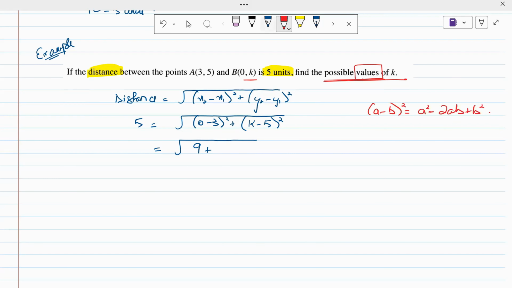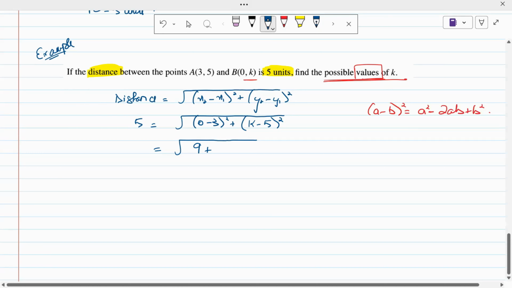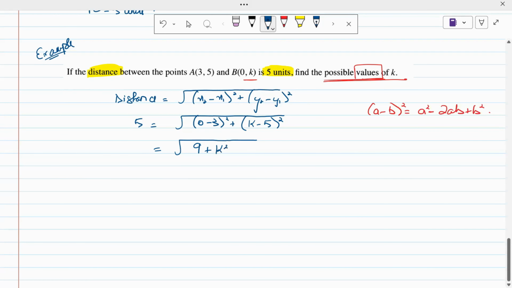So applying the identity here, it would be k square minus 2 5s are 10k plus 25, equals 5. And this can be simplified further: k square minus 10k, and 9 plus 25, that's 34.